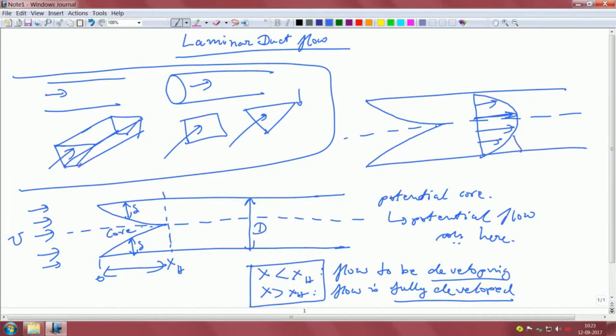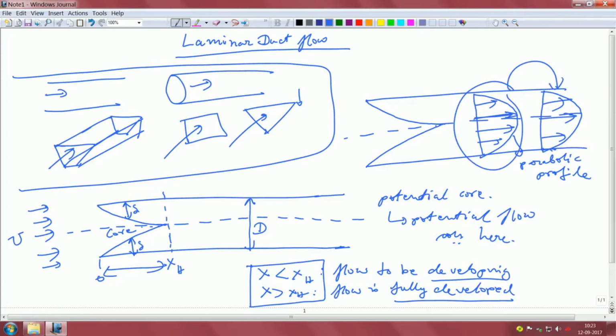This is a parabolic profile, and we will see how it becomes parabolic. This profile does not change with distance. You can take this profile and put it here, and it would be the same. There is no change in the velocity; that is a feature of a fully developed profile, that the velocity profile should not change.